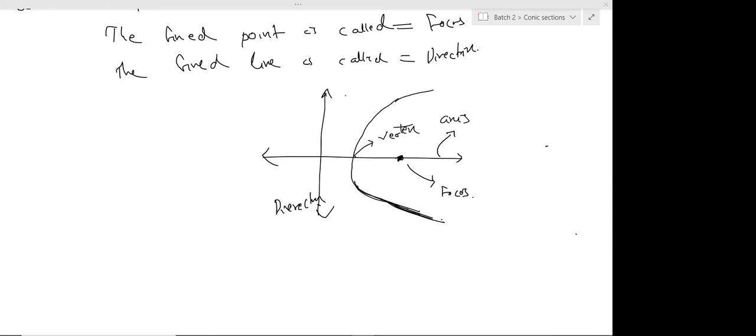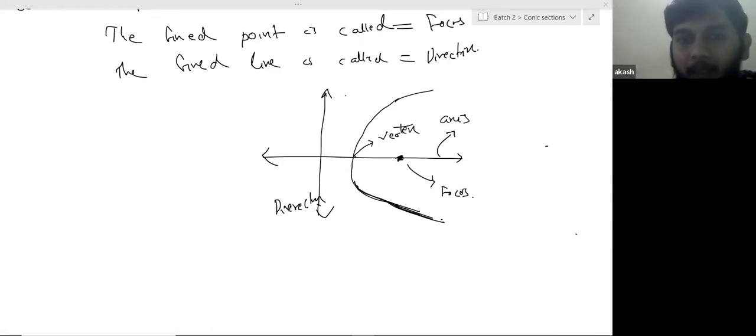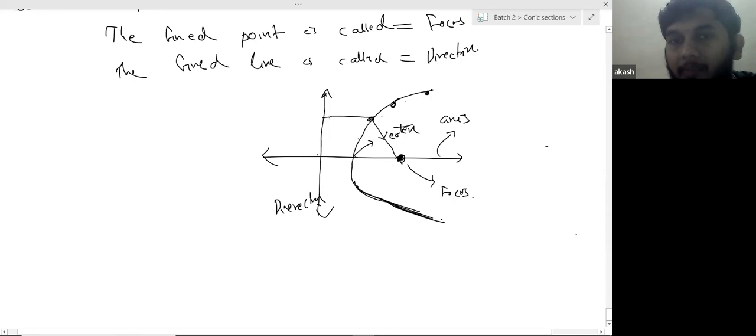Okay. So think about the parabola again. A parabola is the collection of all the points. This is a fixed point. This is a fixed line. They cannot move. So all the points in it are equidistant from this point and this line. Any point you take, if this is 2, then this has to be 2.